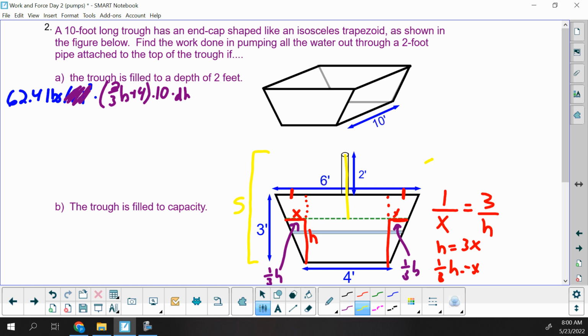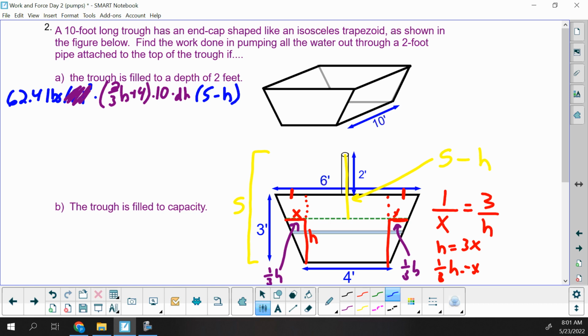So this yellow length would be 5 minus some random h. So 5 minus h would end up being our distance that each slice travels to get out the top. And you can always just spot check your distances. Like if that green dotted line was at 1, you can just think about it. Oh yeah, it should take 4 to get out the top. 5 minus 1 is 4. Okay, that seems to check out.